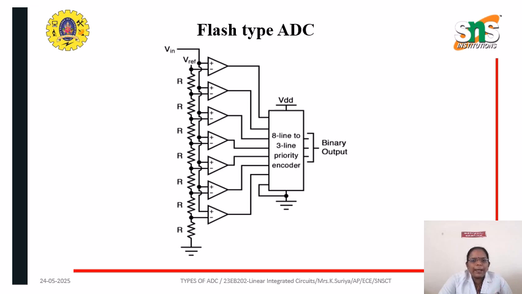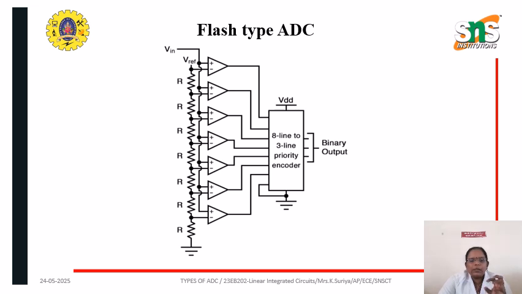The output of the comparator will be 1 as long as Vi is greater than the voltage drop present at the respective other input terminal. Similarly, the output of the comparator will be 0 when Vi is less than or equal to the voltage drop present at the respective other input terminal. All the outputs of the comparators are connected together as the input of the priority encoder.